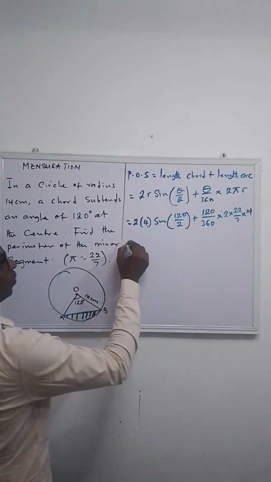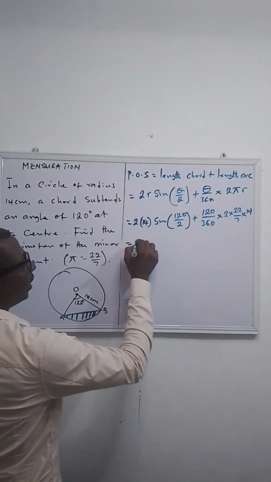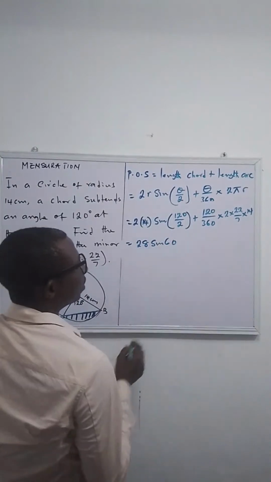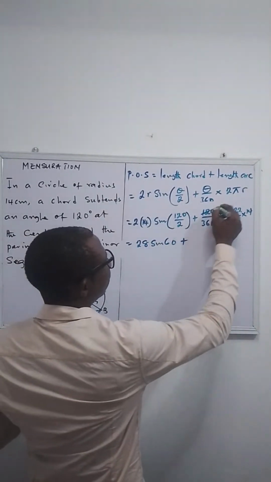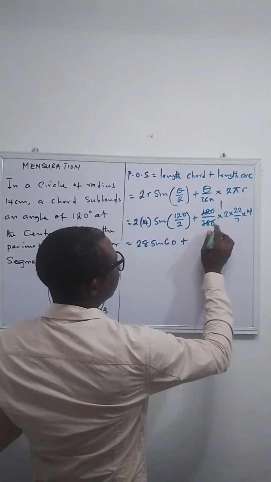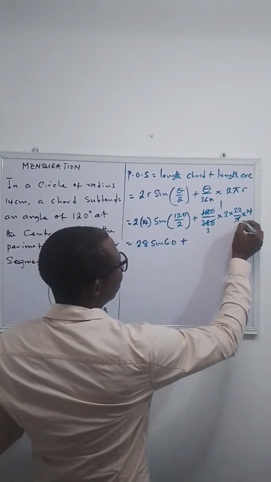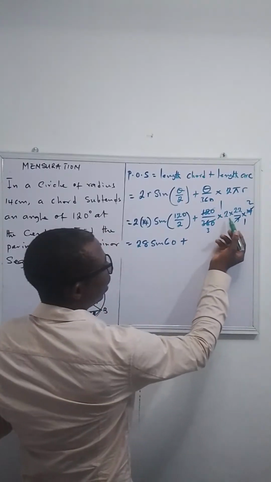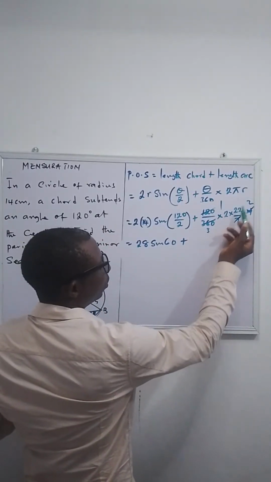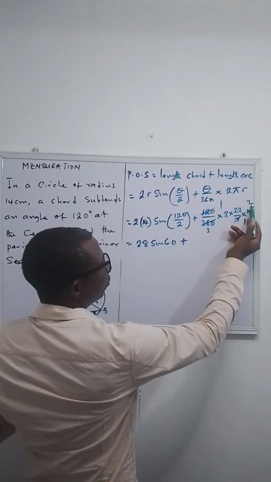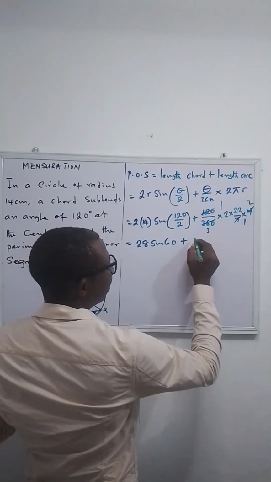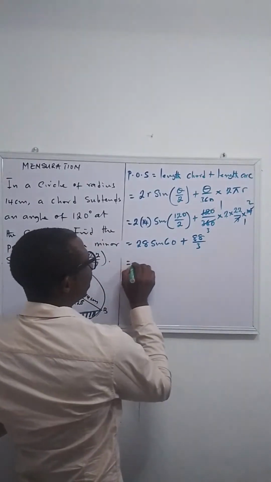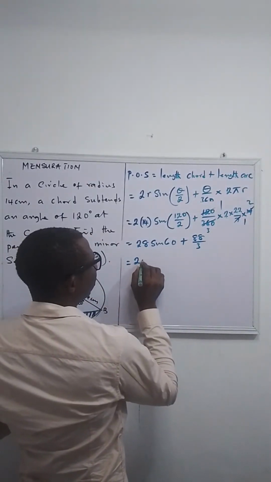So this will give you 28 sine 60 degrees plus, 120 goes into 360 three times, so 1 over 3. 7 goes into 7 once and into 14 twice. At the top we have 2, 2, 22, so 2 times 2 is 4, 4 times 22 is 88. So 88 over 3. Now we have 28.